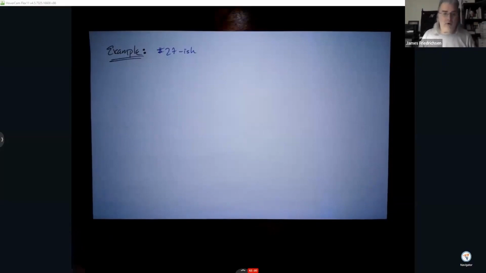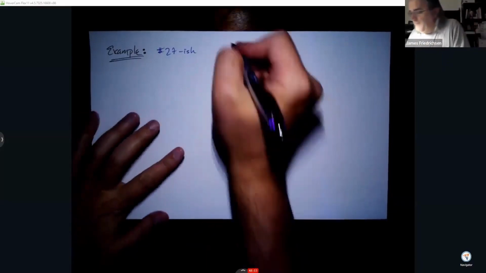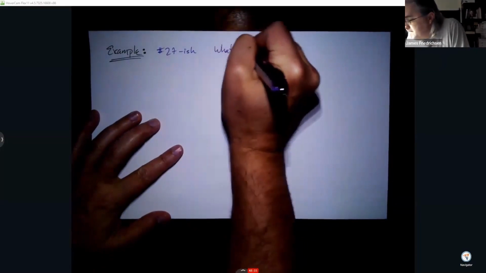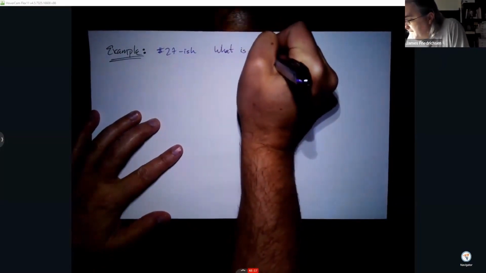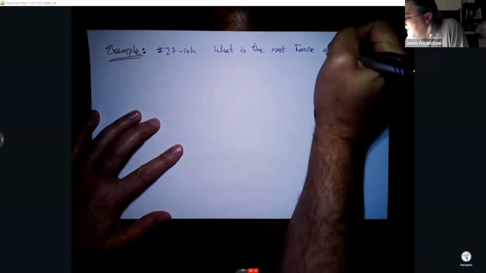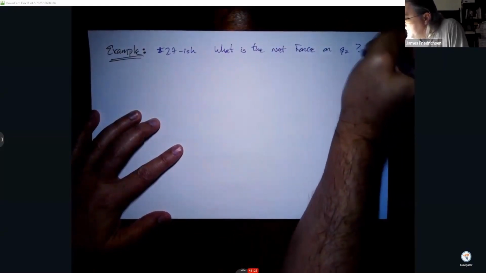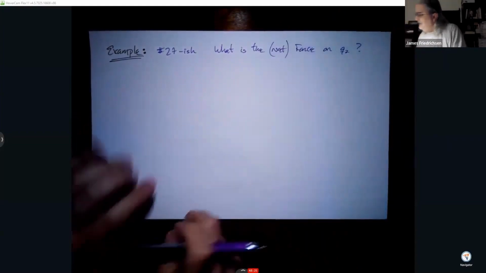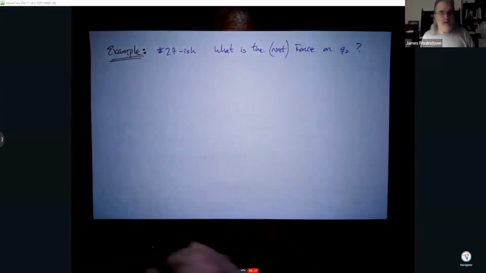So what we're going to work on is what is the net force on charge 2. And they may or may not say that word net in there.